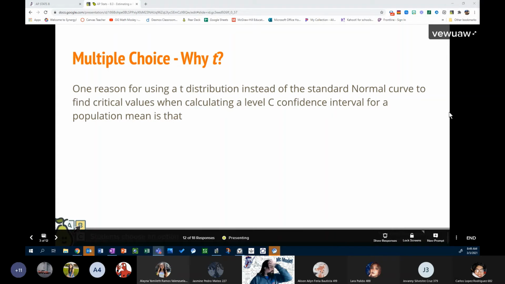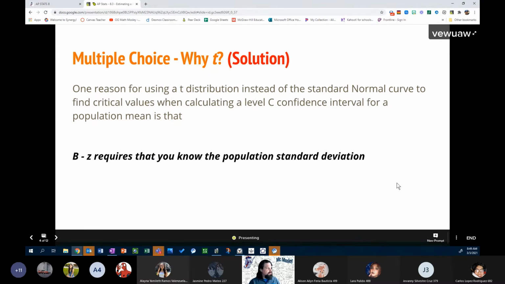All right. So let's talk about this one here. We have one reason for using a t distribution instead of the standard normal curve to find critical values when calculating a level C confidence interval for a population mean is that. Most of you who answered this question got this correct.